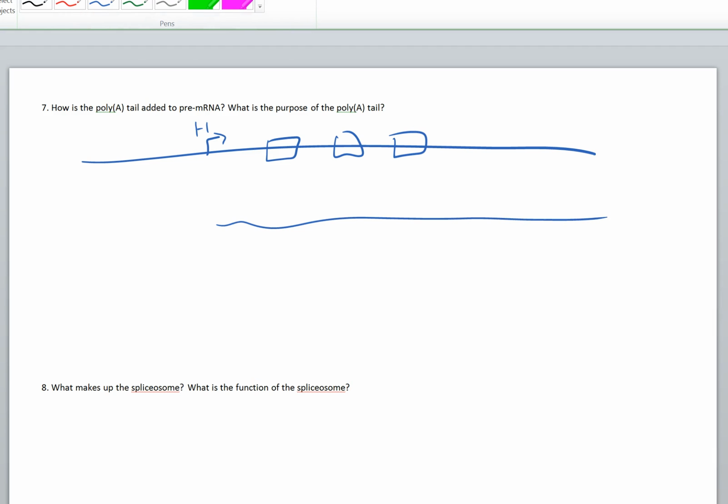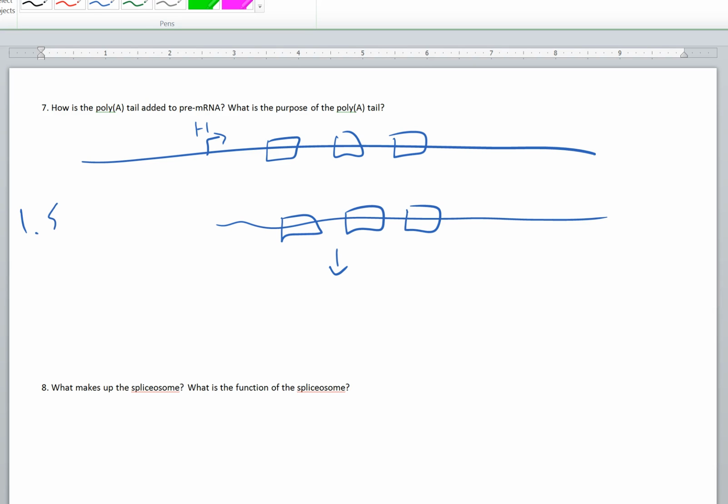So poly A tail is part of RNA splicing or processing. It's one of the processing steps. The processing steps, not necessarily in this order, but they all happen at some point, are: 1, splicing; 2, adding the 5' cap; and 3, adding the poly A tail.